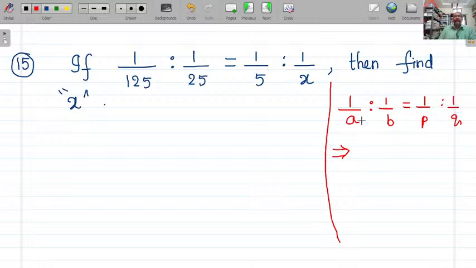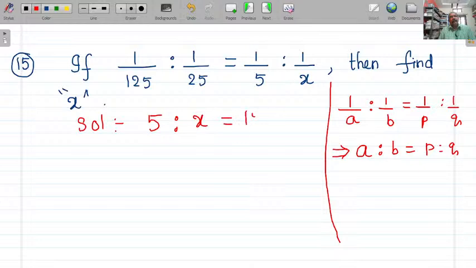So now if you write the reciprocals on both sides, what do you get? a is to b is equal to p is to q. So here we can write 5 is to x is equal to 125 is to 25.